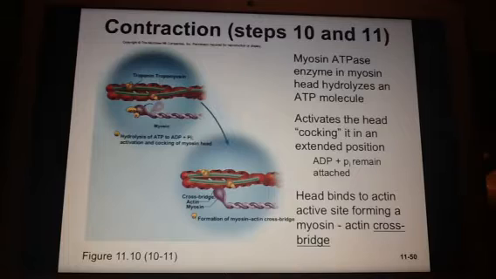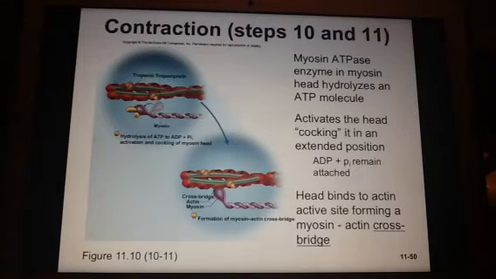We know that ATP is needed for muscle contraction, and so the ATP is broken down into ADP and a phosphate group, and that is the activation and cocking of the myosin head. That ATP gets it going, using that ATP, I should say. And then once that occurs, the myosin actually attaches to the actin with a structure called a cross bridge.